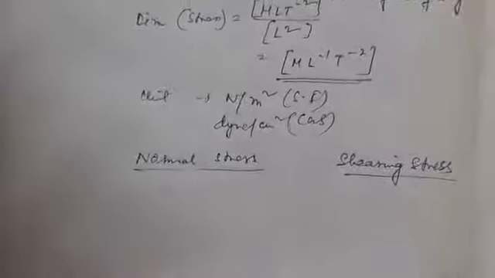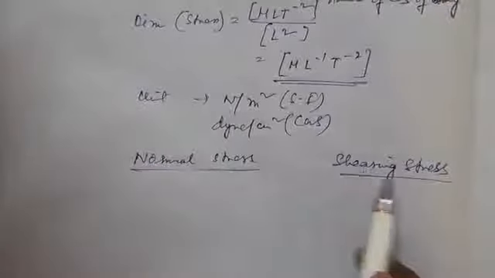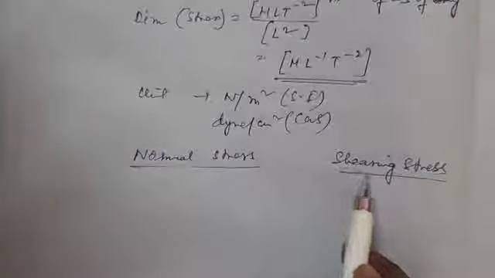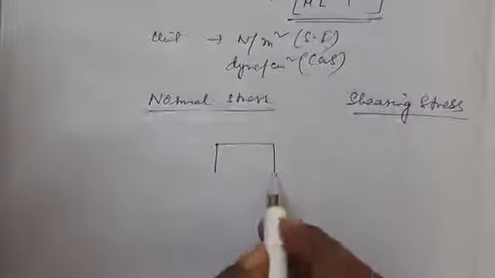Now there are two types of stress. One is normal stress, another is shearing stress. Now I'm trying to draw a simple diagram to make you understand the difference between the two.